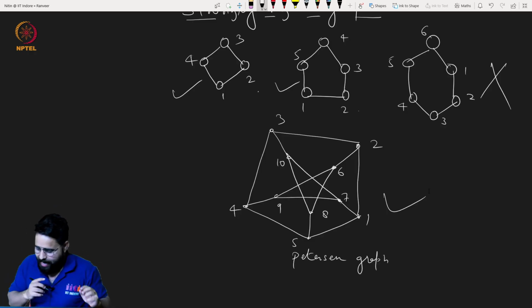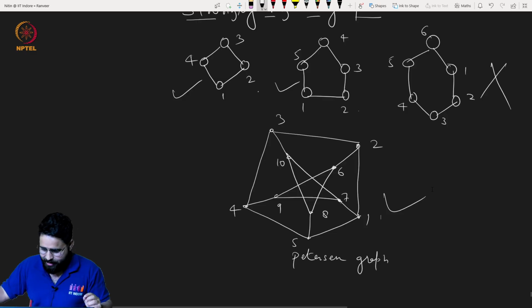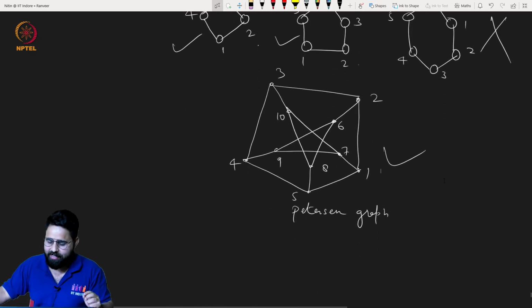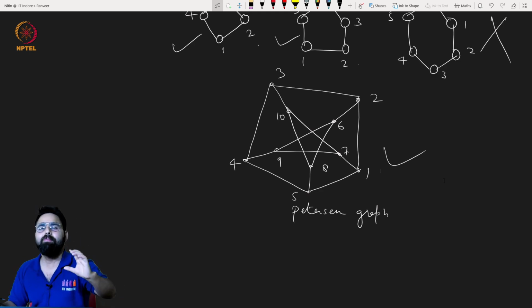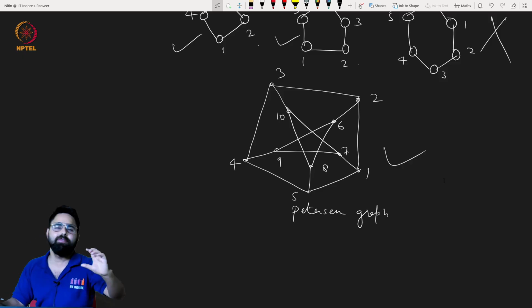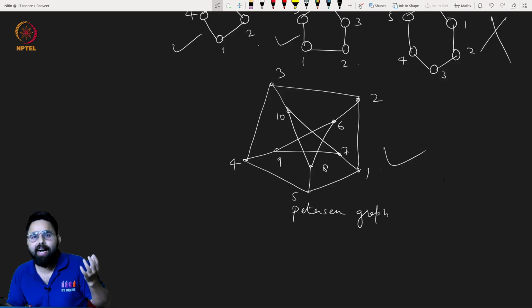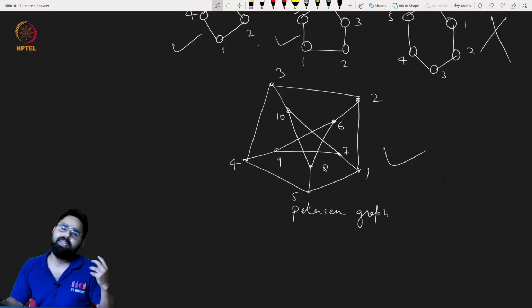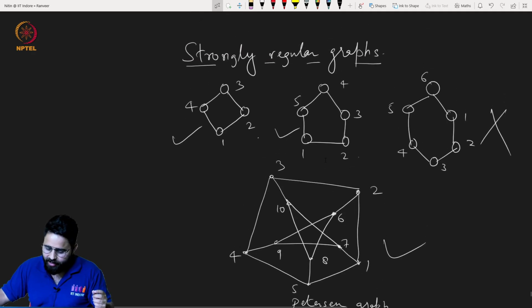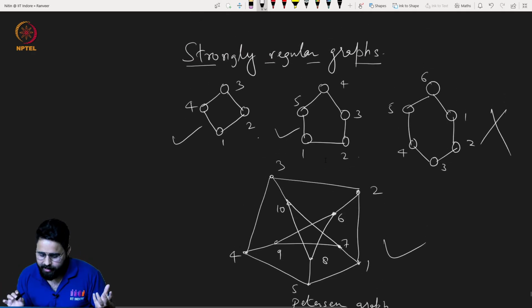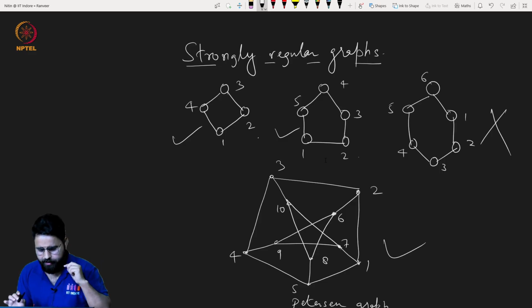Basically, I am now defining those. The graphs for which every two non-adjacent vertices have a constant number of common neighbors. Similarly, every two adjacent vertices have some constant number of common neighbors. For example, in C4, every two non-adjacent vertices have two common neighbors, and every two adjacent vertices have no common neighbor.